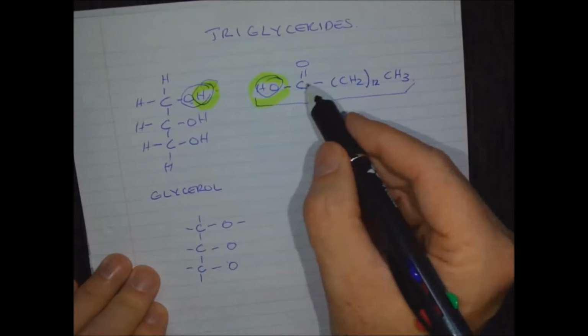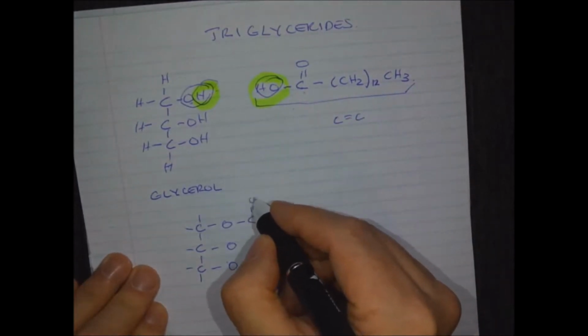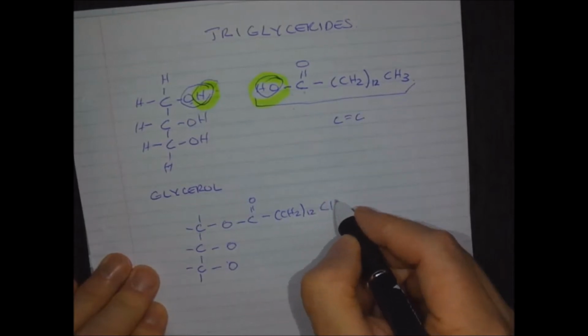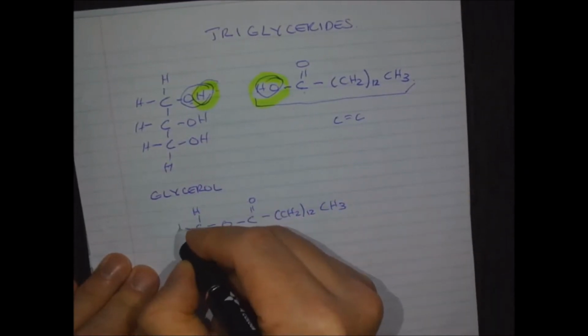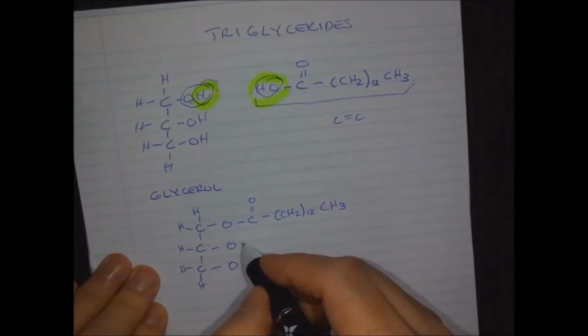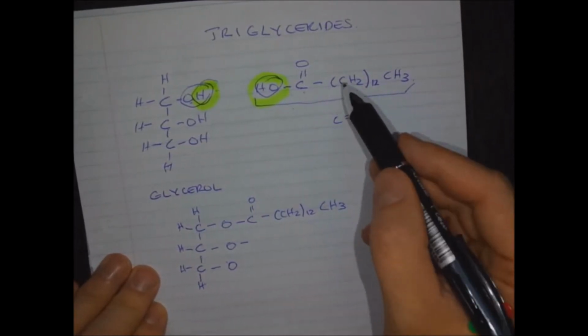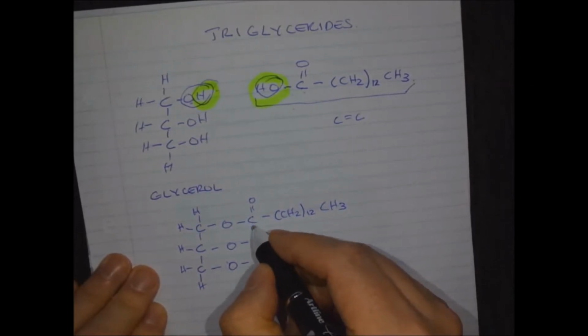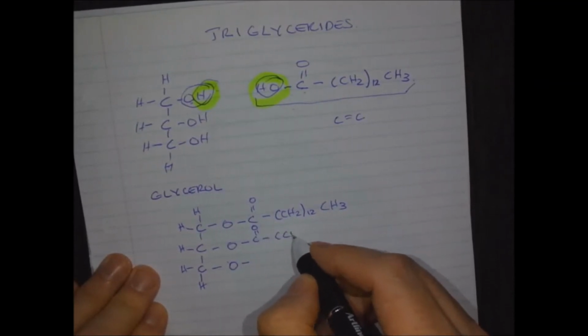So this goes from this O to this carbon. It gets a little tricky to draw it, but you just put CH2, and you're just really copying here. Now I should have put some H's around here. And if this was 3 different carboxylic acids, I'd just be copying them out differently here. But just for ease of showing this, I've just had them all the same.